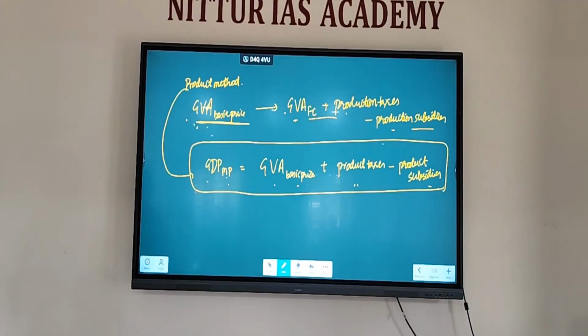What are product taxes? Product taxes are levied on the product and paid by the consumer. Product subsidies are received by the consumer.